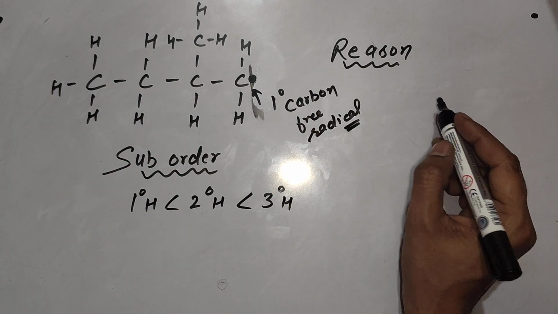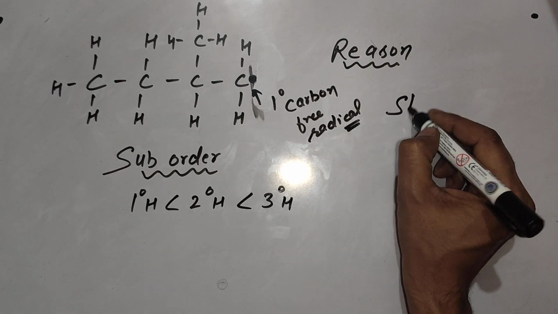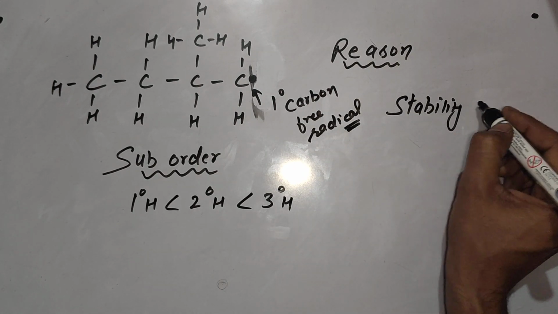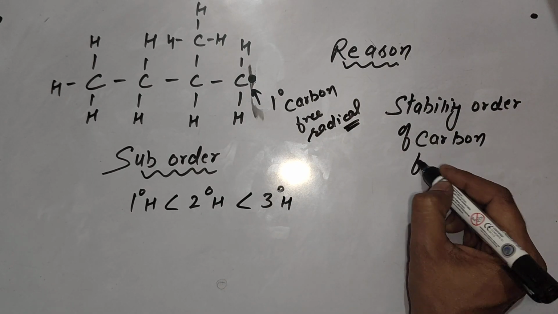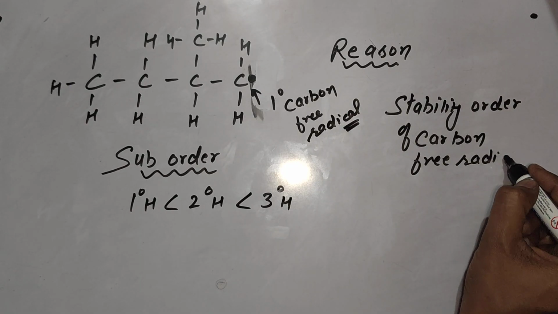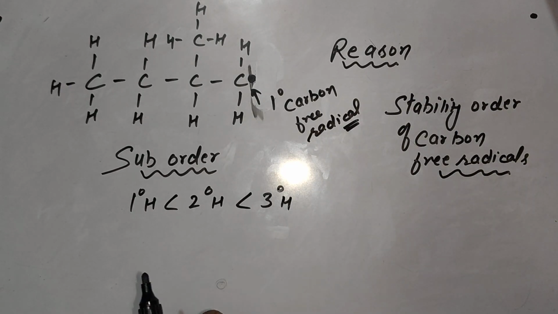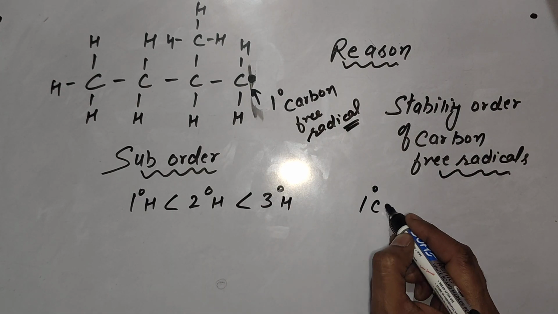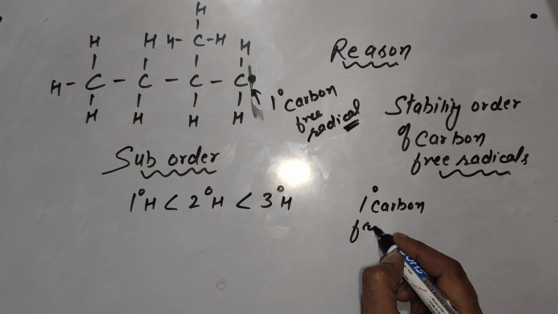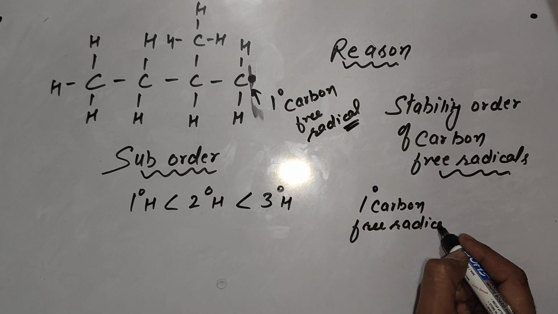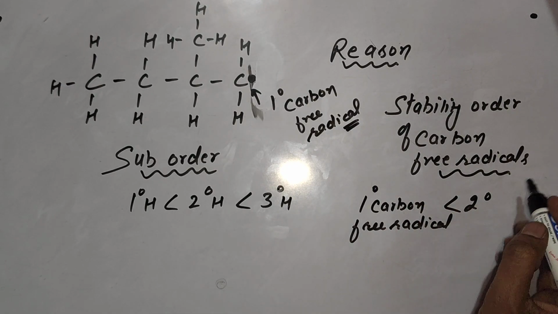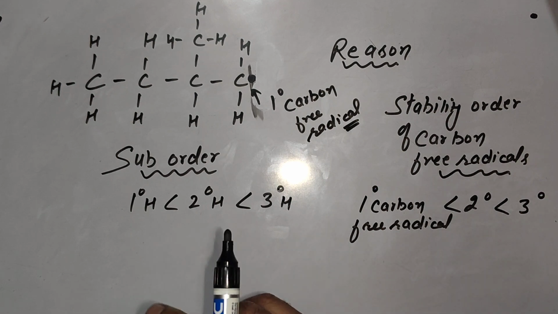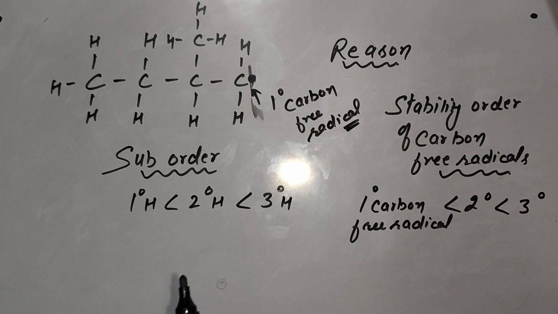In 11th class, we have done a concept, the stability order of carbon free radicals. If I talk about these 3 carbon free radicals, 1 degree, 2 degree, 3 degree, so 1 degree carbon free radicals are least stable. 2 degree carbon free radicals are more stable than 1 degree carbon free radicals. And 3 degree carbon free radicals are most stable among all.